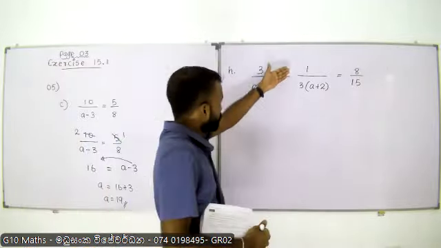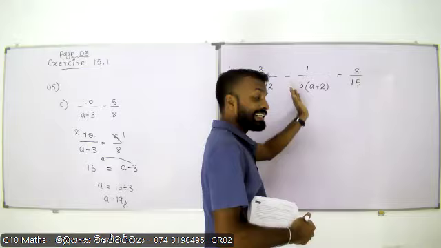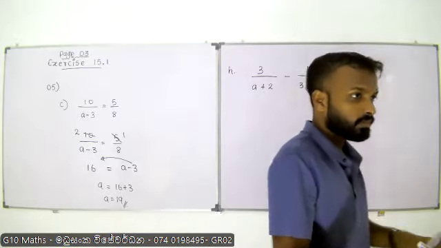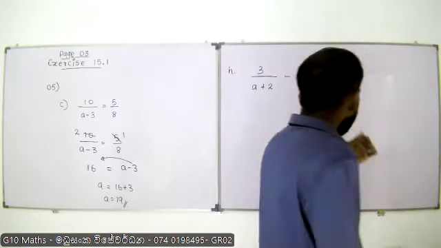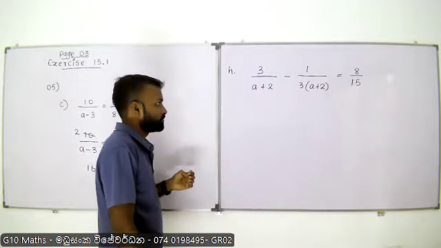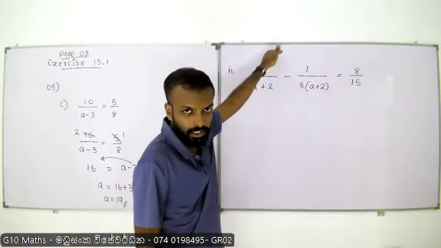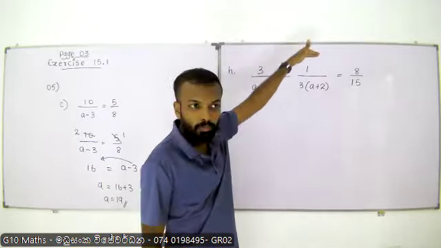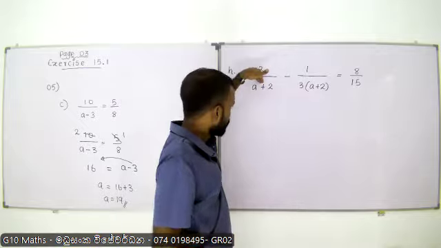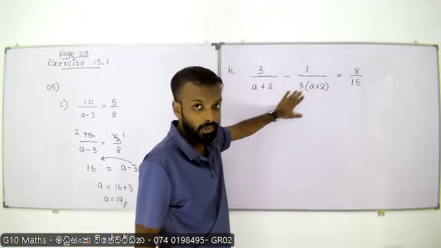3 divided by a plus 2, 1 divided by 3 times a plus 2, correct? And equal to 8 divided by 15. Now you cannot see any common values for the numerator or common values for the denominator.